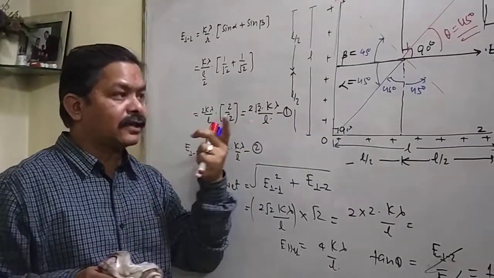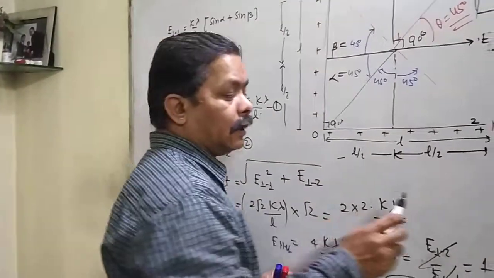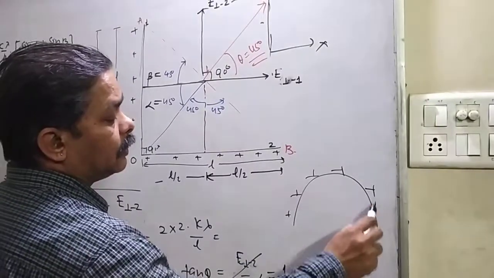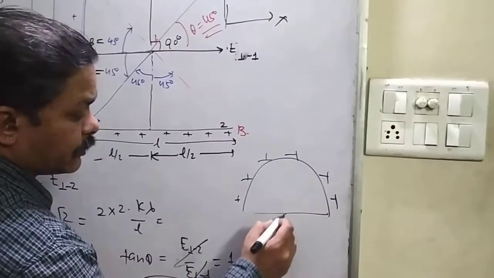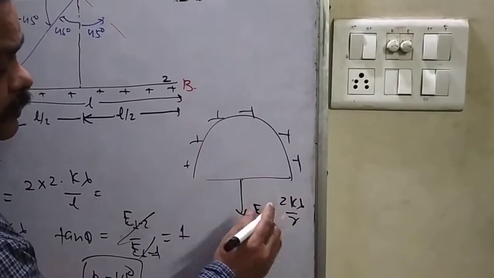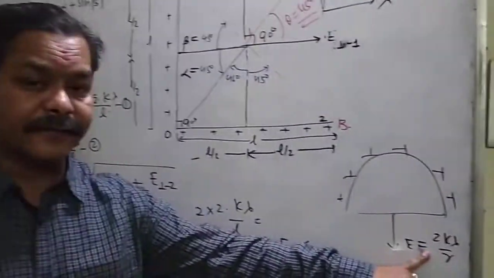Next, we will discuss the electric field intensity due to a semicircular wire at the center. The resultant also comes out equal to E equals 2K lambda upon R. This is the same, which is why I said this formula is very important.